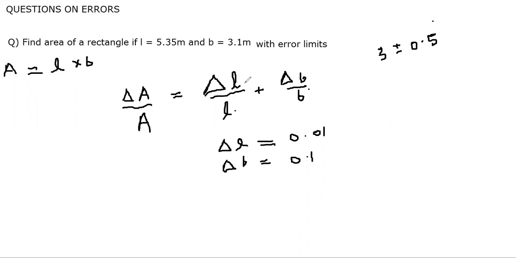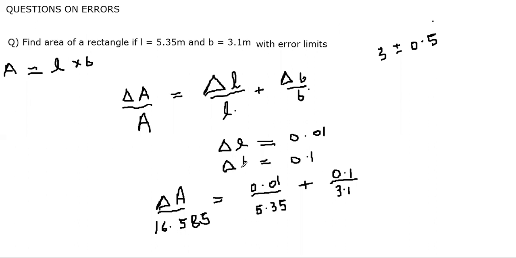Now I'm just putting the values here. I substitute the values: A is L into B, that is 5.35 into 3.1, that is 16.585, and delta L by L plus delta B by B. Now, my advice for solving these types of questions is don't take LCM. If you take LCM, the calculation would be more complicated. You can try yourself.